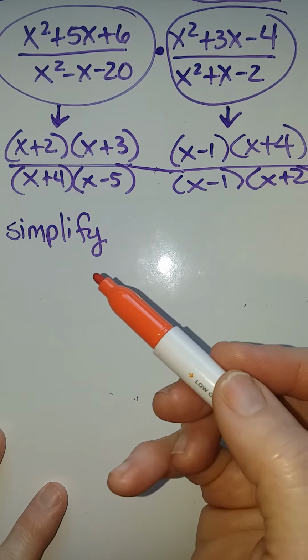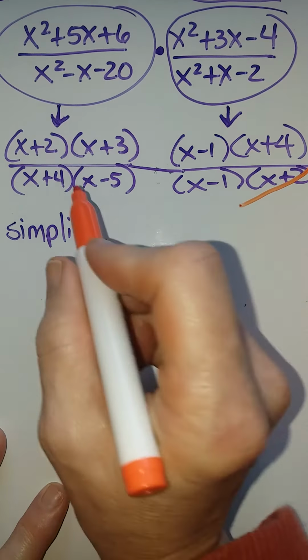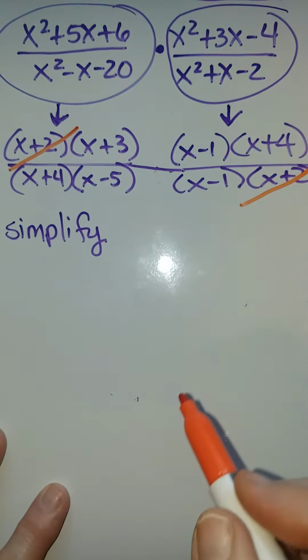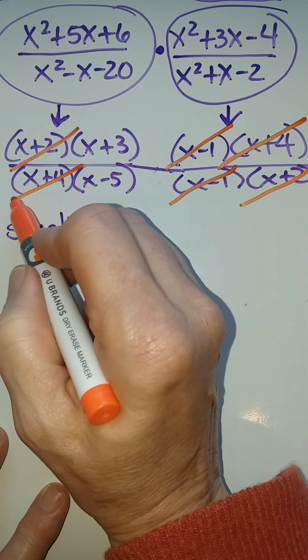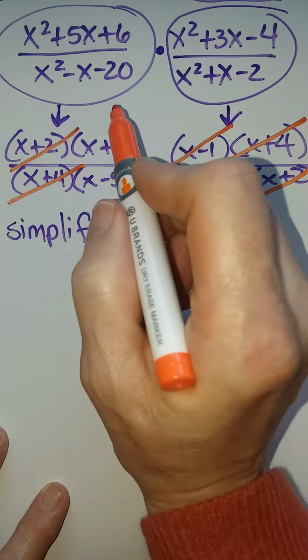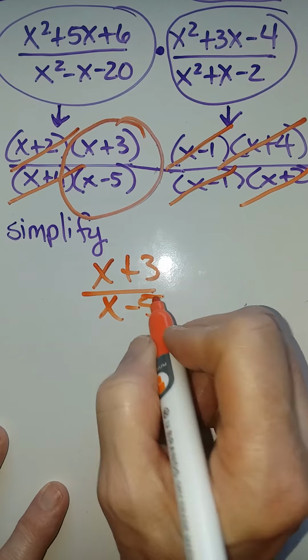So since that's the case, we can simplify. Let's simplify by getting rid of x plus 2 and x plus 2, x minus 1 and x minus 1, and then we also have x plus 4 and x plus 4 here. So what we're really left with is a very simple expression, x plus 3 over x minus 5.